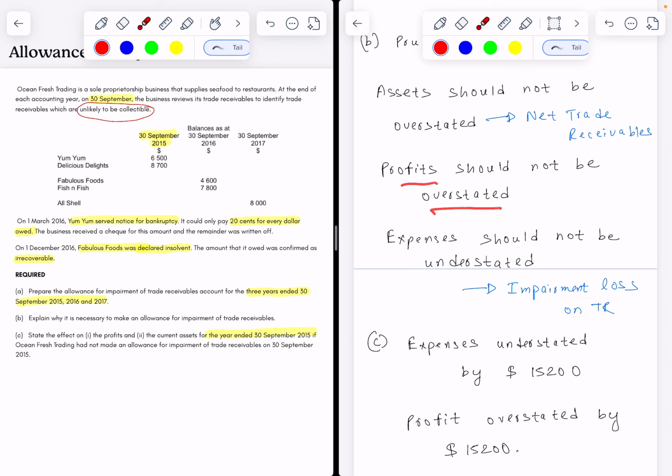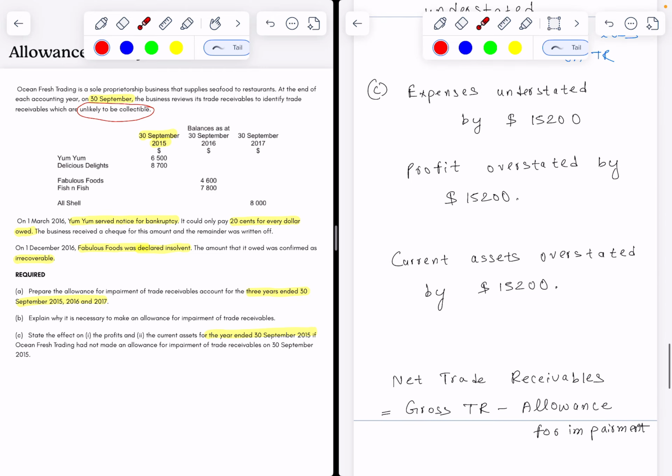So that is why, using the prudence accounting concept, we want to make sure that the allowance for impairment of trade receivables, which deals with the uncertainty regarding the amounts that our credit customers owe us, is accounted for in our calculations, so that we do not present an overly optimistic financial performance of our business, but rather we are careful, okay?